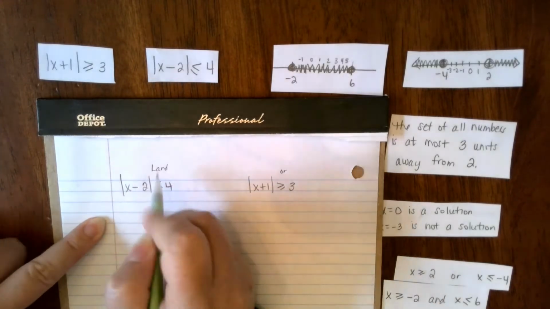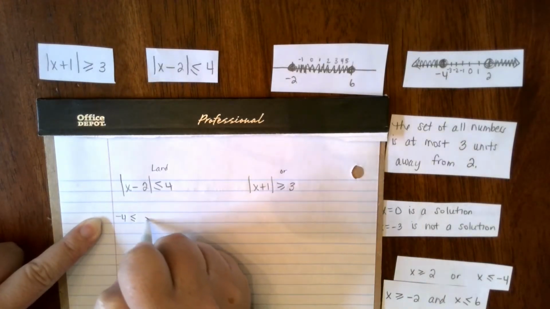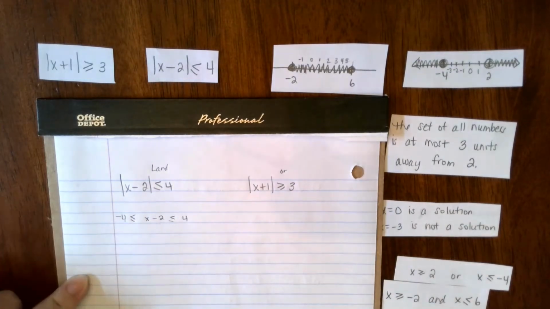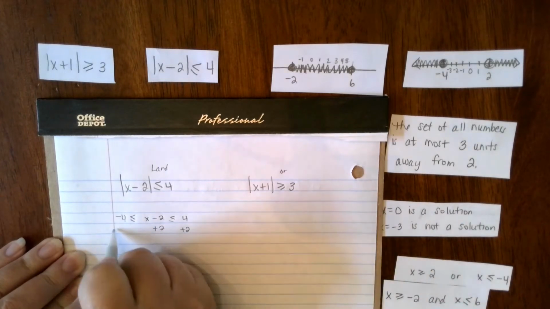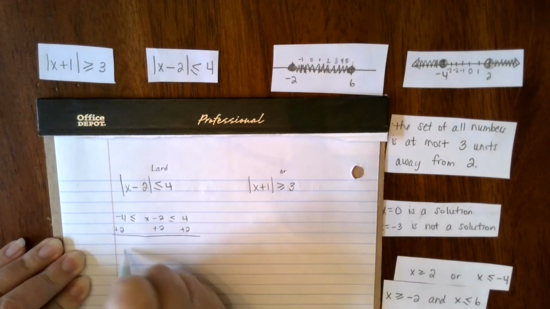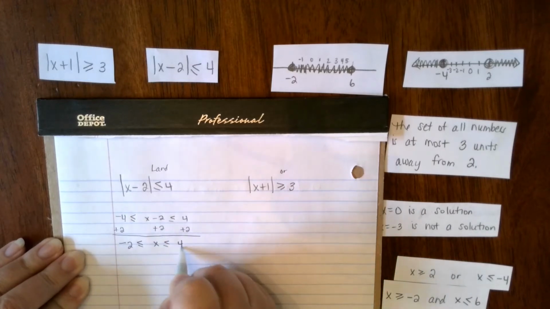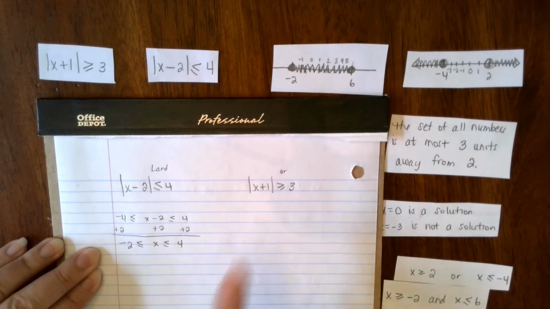To make my and problem, I have -4 is less than or equal to x minus 2 is less than or equal to 4. Now to solve that, I add 2 to all sides. And I end up with -2 is less than or equal to x is less than or equal to 6. Now, before I go find my matching thing, I'm going to come over here and do this one.